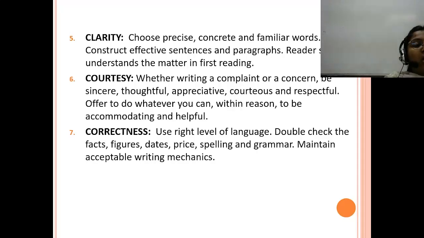Courtesy is one of the graces of letter writing in the context of business. It is also one of the factors that increase the chances of getting a favorable response.